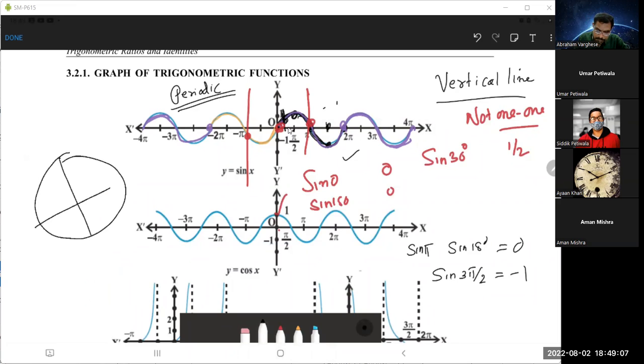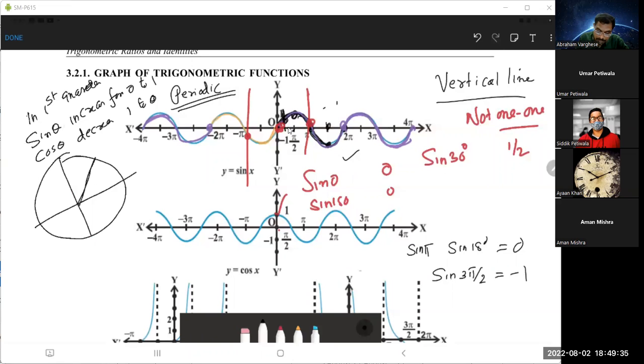Please note this. In the first quadrant, sin theta increases from 0 to 1 and cos theta decreases from 1 to 0. So what will happen?